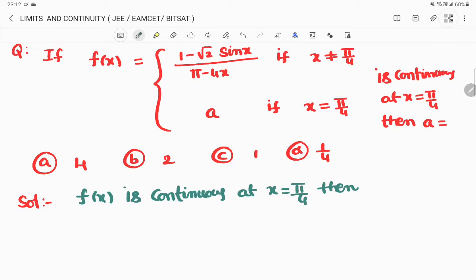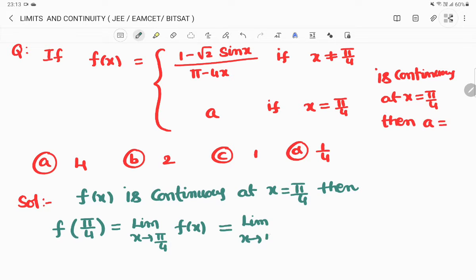Then f of pi by 4 is equal to limit x tends to pi by 4 of f of x, which is equal to limit x tends to pi by 4 of 1 minus root 2 sin x by pi minus 4x.